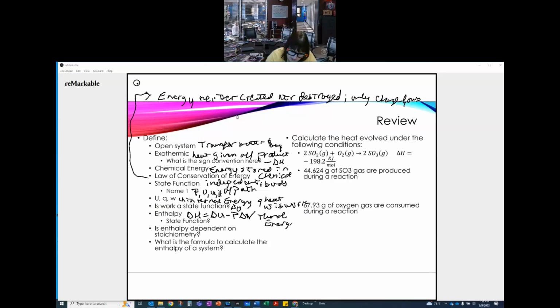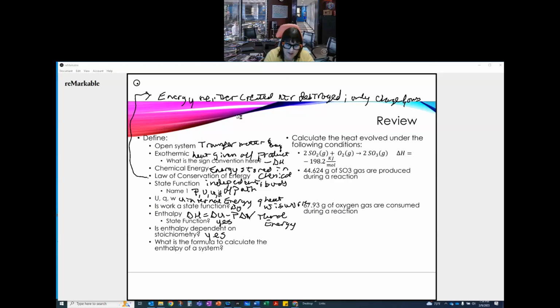Really great definition. Is it a state function? Yes, it is. It is defined as a state function. Is enthalpy dependent on stoichiometry? Yes. Because if I make 2 moles of something, that requires twice as much energy as it does to make 1 mole of something. So that is important.